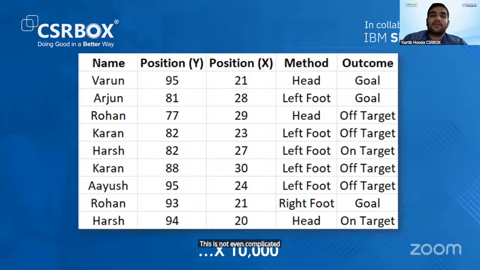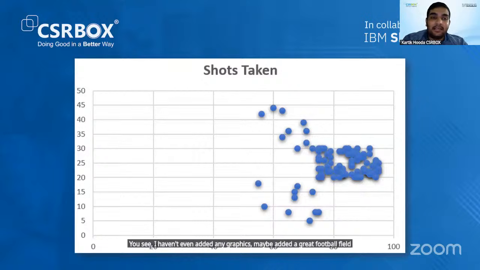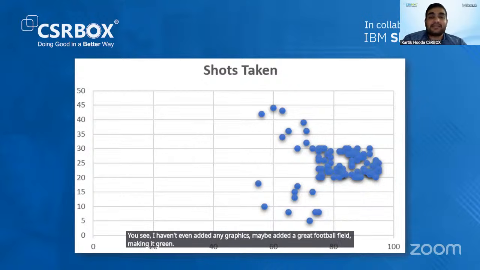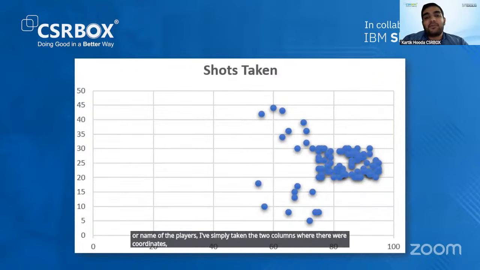Just put these particular points on this map called a scatter plot, then this is what it will look like. You see, I haven't even added any graphics, maybe a great football field, making it green, or names of the players. I've simply taken the two columns where there were coordinates and put them on a scatter plot.